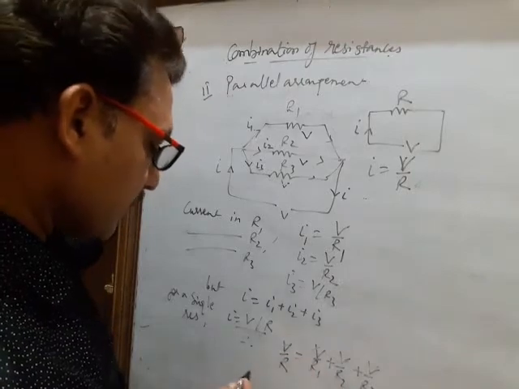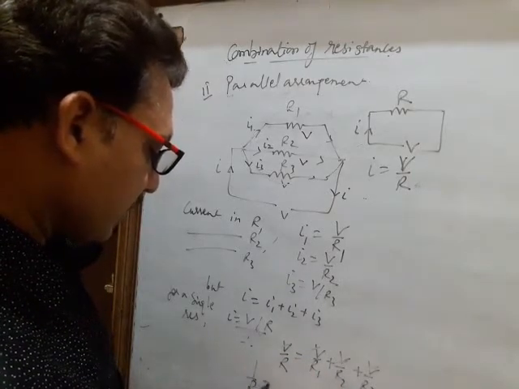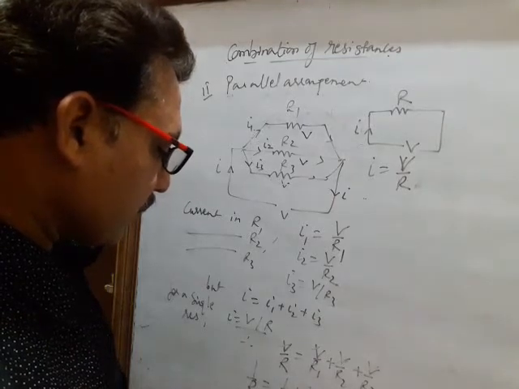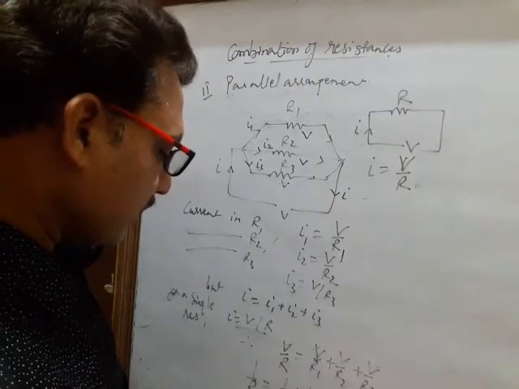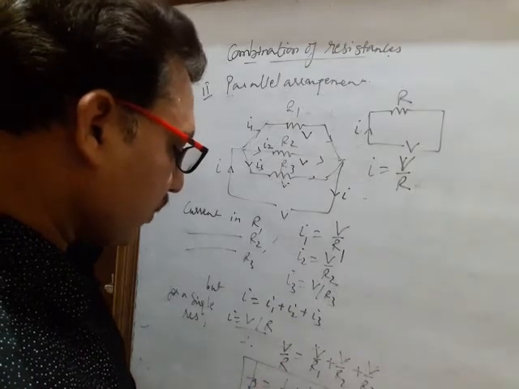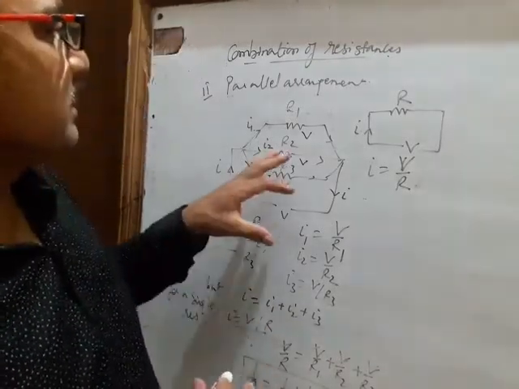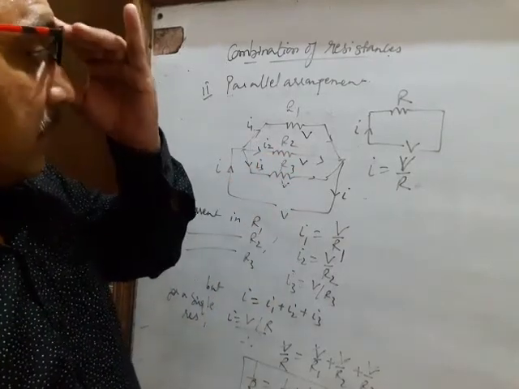These V cancel out. Hence 1 upon R is equal to 1 upon R1 plus 1 upon R2 plus 1 upon R3. This is the formula for the equivalent resistance of the resistors connected in parallel.